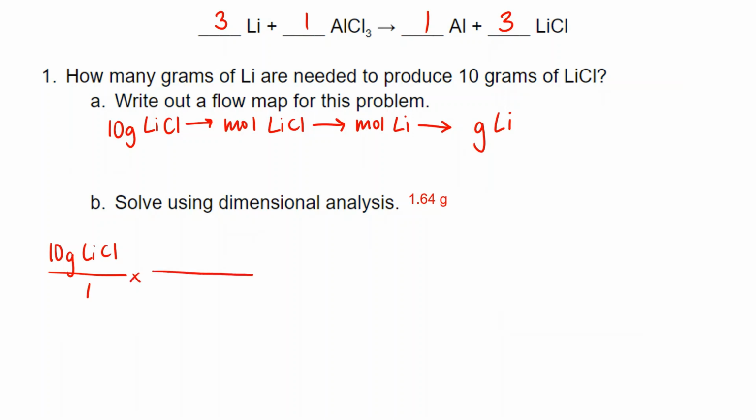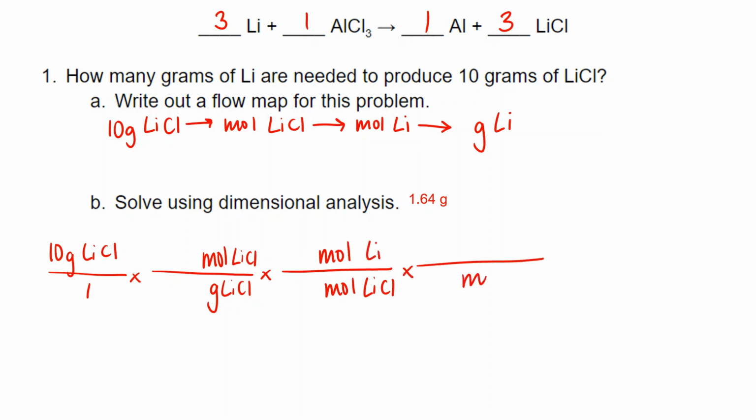First, I want to change grams of lithium chloride into moles. So grams of lithium chloride goes on bottom, so those units cancel. Now I want to change moles of lithium chloride into moles of lithium. And then finally, I can change my moles of lithium into grams, since that's what the question is asking for.